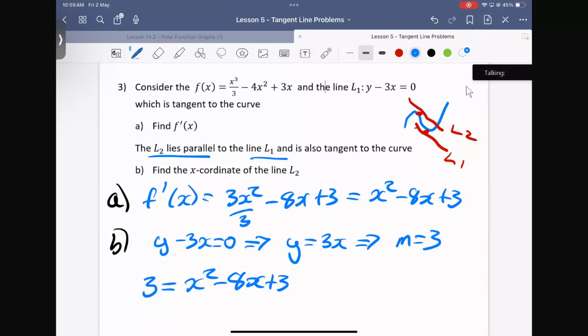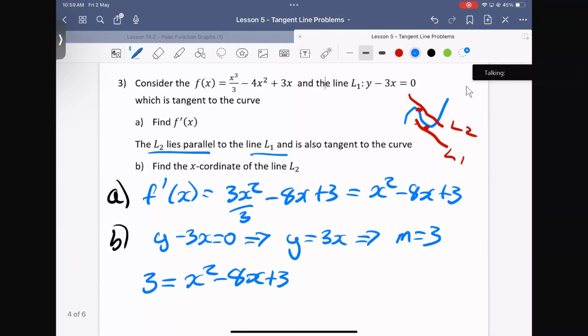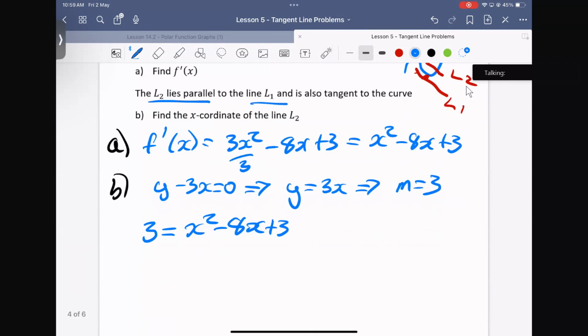The quadratic equation is going to give us 2 solutions. We have to simplify this one if we wish to solve it, because it's not linear. So we rearrange it and we get x squared minus 8x equals 0. So then, on our calculator, get your calculator in your hand.